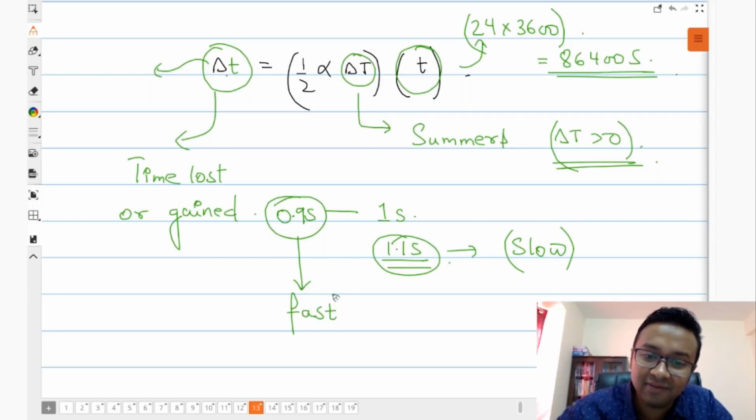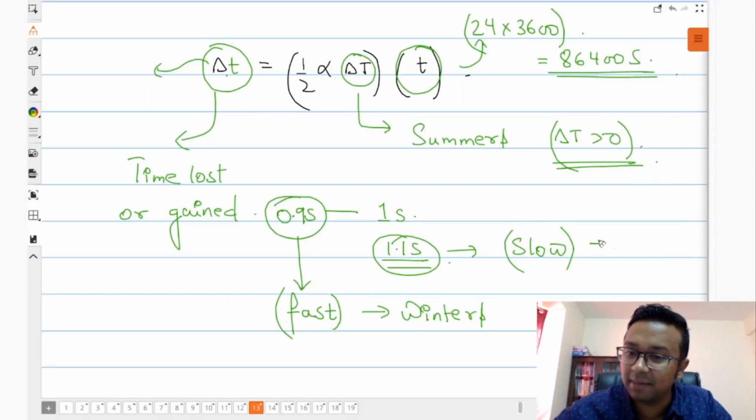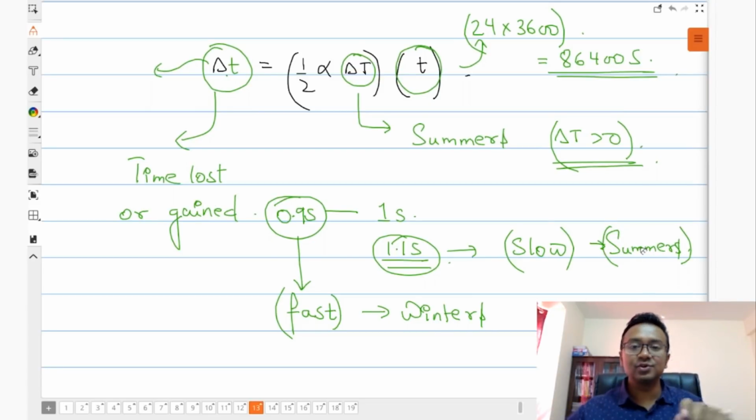The watch is going to run fast during the winters, and this is what is going to happen during the summers. So students, this is in a nutshell a brief about gaining or losing time in summers and winters. Is the concept clear to everyone?